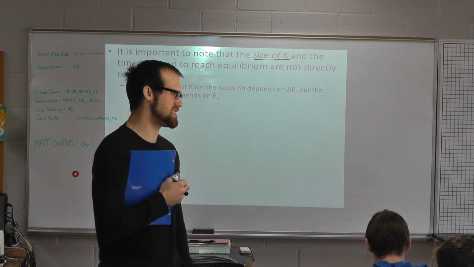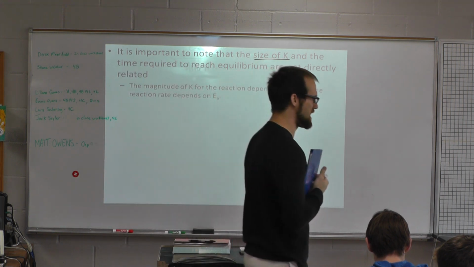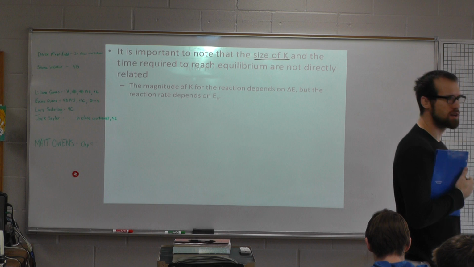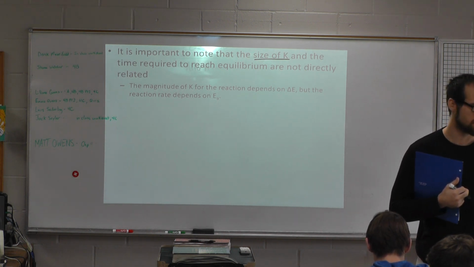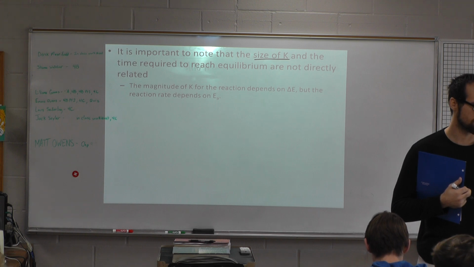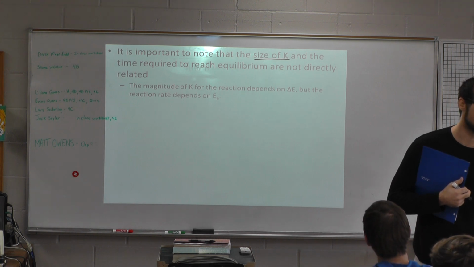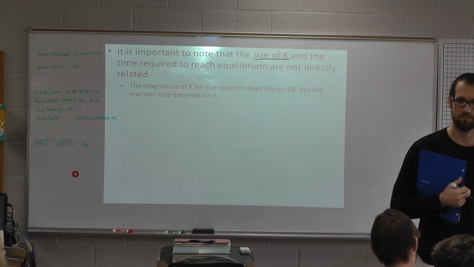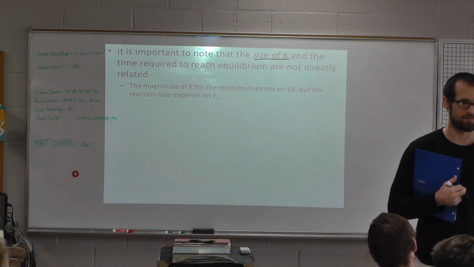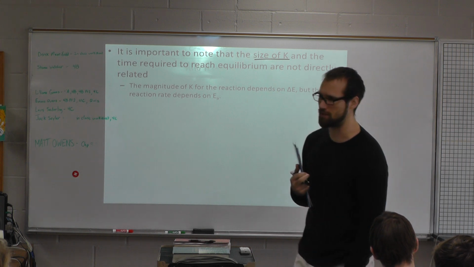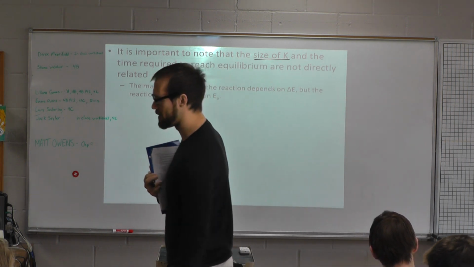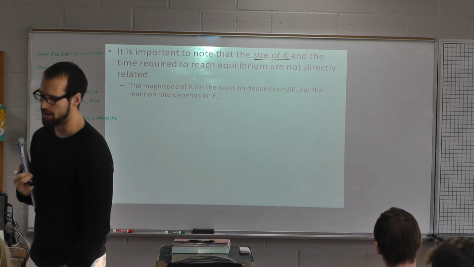So what is it that determined how fast the reaction would occur from last chapter? A little review here. One vocab word, a pretty important vocab word from last chapter that we spent a good amount of time talking about: concentration.